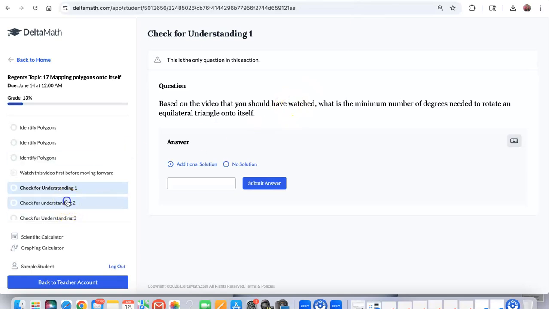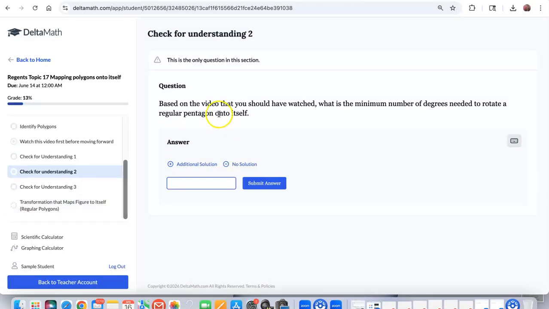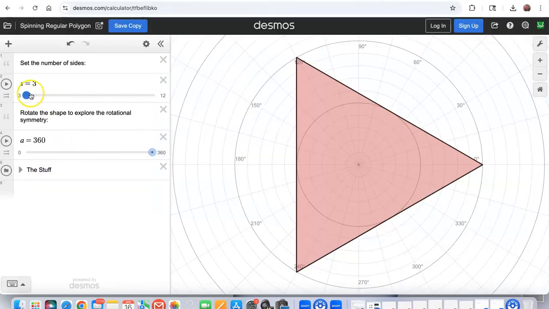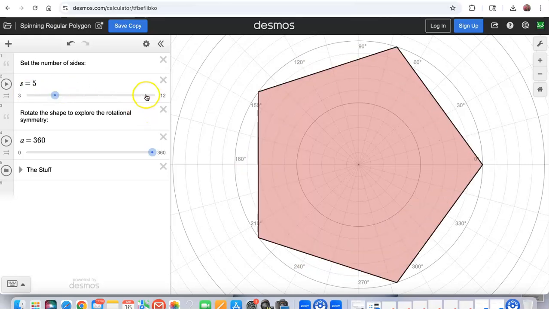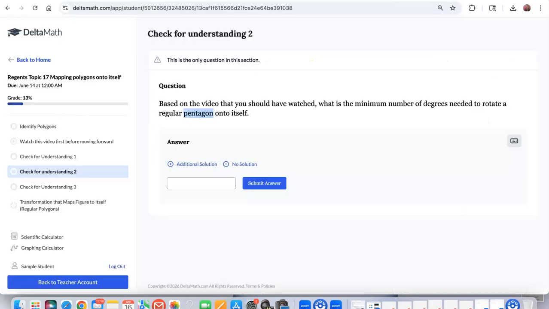I would like for you to do the same thing, but for a pentagon. A pentagon, you should realize, has 5 sides. So in the Desmos activity, you're going to change this to 5, and you can determine what it is. But again, you need to know this formula, and please write this down. 360 is going to be divided by the number of sides.